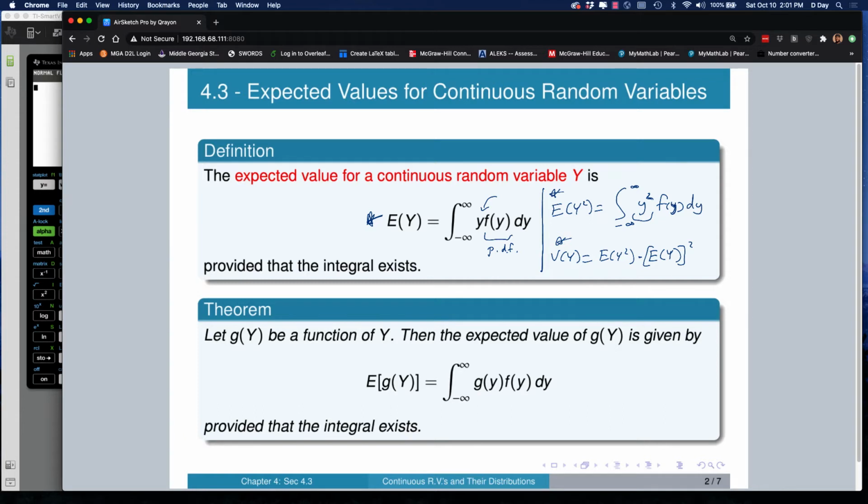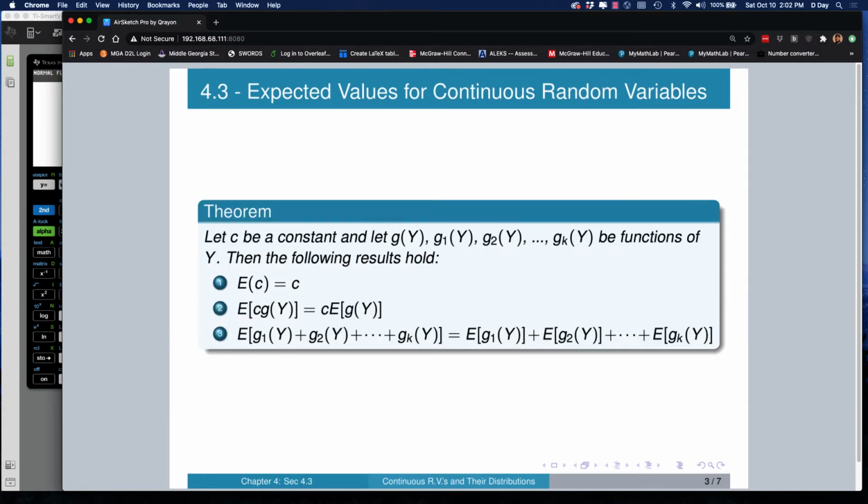So little g of y could represent one of those functions that we've seen when we were trying to find the expected value of a profit, and we had a profit formula, kind of like in that bookstore problem example I did back in chapter 3, and also the one that you had in homework that was very similar to that. It could be representative of that or anything else we might want to have an extra function of. So it's just really multiplying two functions together and taking the integral.